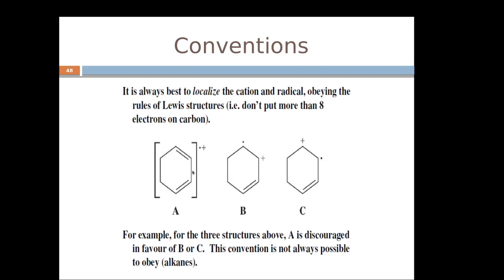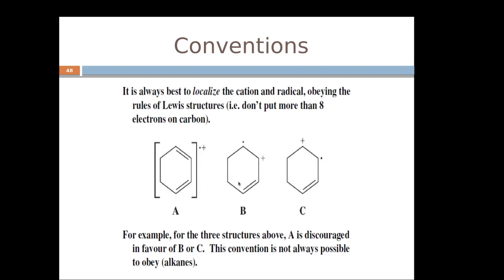So here, if we represent the molecule by its Lewis structure, then it is always better to localize the cationic charge on one of the carbons involved in the pi bond, and the radical character on the other carbon. For example, compared to structure A, it is always preferable to write the radical cation as either structure B or structure C. In structure B, if the electron is being ejected from this pi bond, then the radical could be shown as localized on this carbon and the cation on the second carbon, or the other way around, cation on the first carbon and the radical on the second carbon.